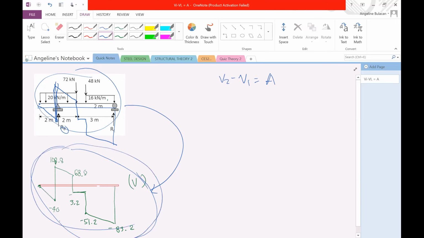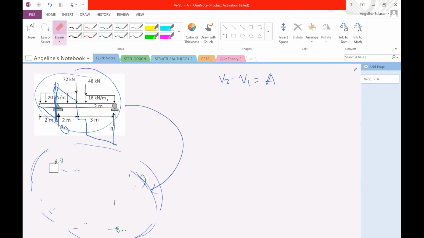Try nyo tingnan. Then, try nyo siyang i-draw on your own. Then, gamitin nyo yung pag-analyze ng beam like this. Para ma-solve nyo siya. Okay. So, yun yung sa shear. Erase na natin.